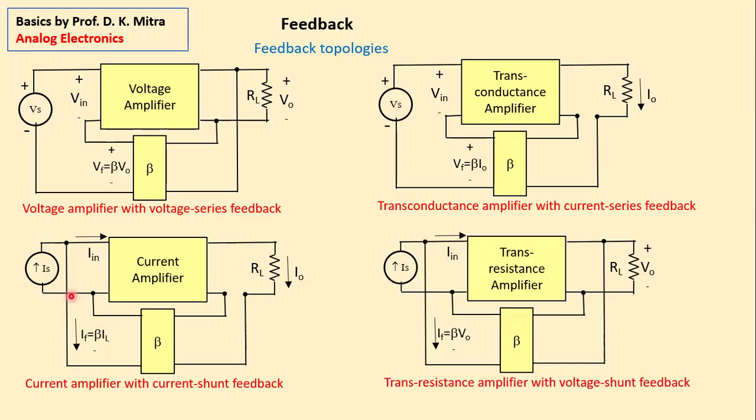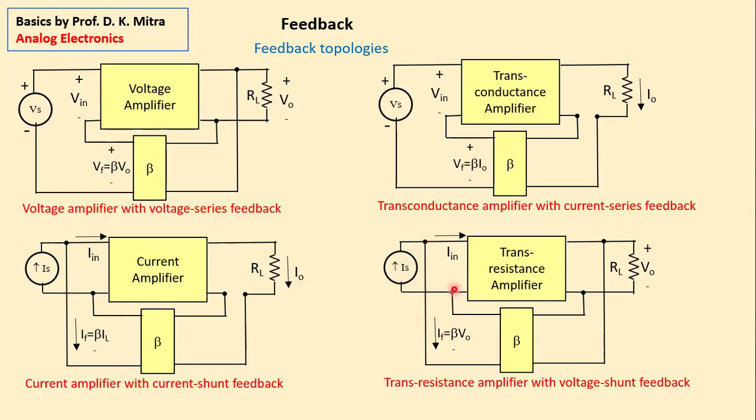Next comes the transresistance amplifier, where input is current, output is voltage. Here, feedback tapping is the voltage tapping, and the output of the feedback circuit is current. Since it's a current, it has to be added or subtracted from the input current.